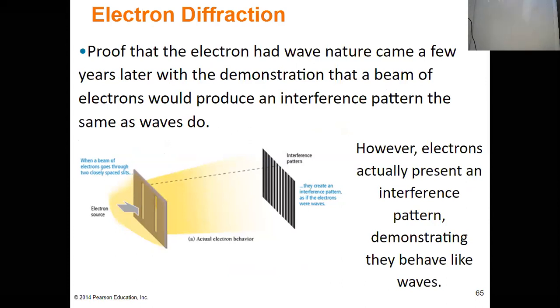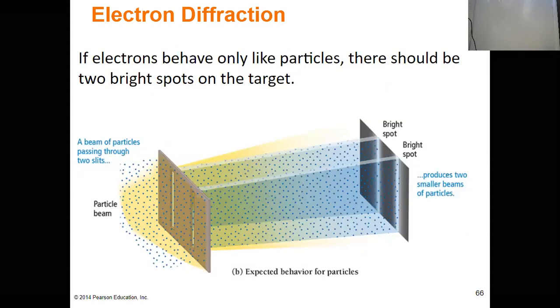So we have proof that electrons act like both waves and particles, okay? Because they basically diffract both ways. Now, if an electron just behaved like a particle, I know I'm doing these slides a little bit backwards.